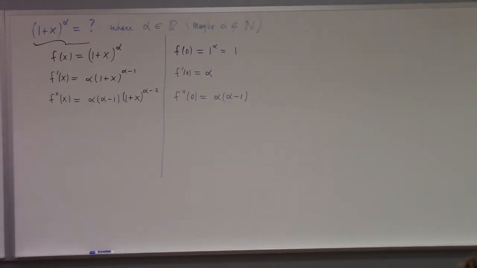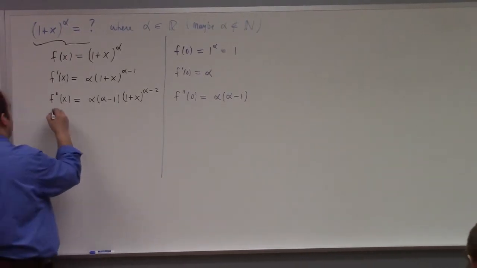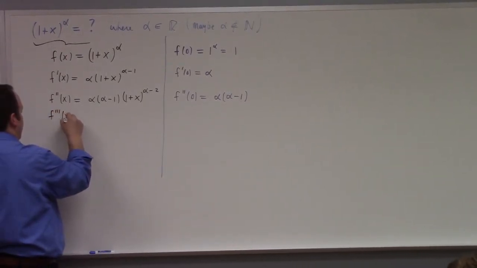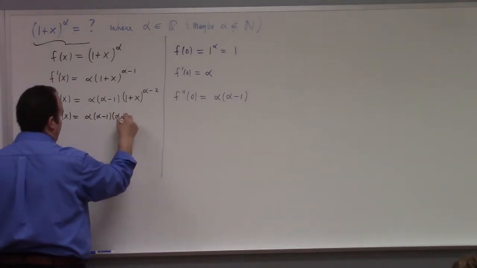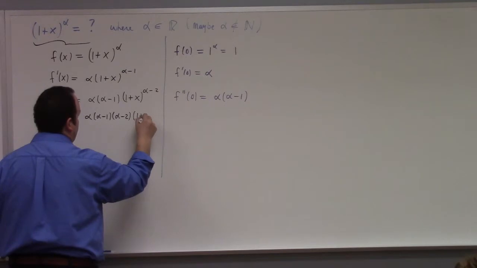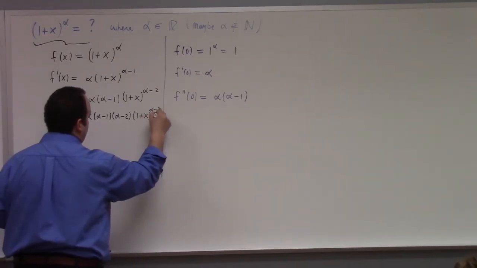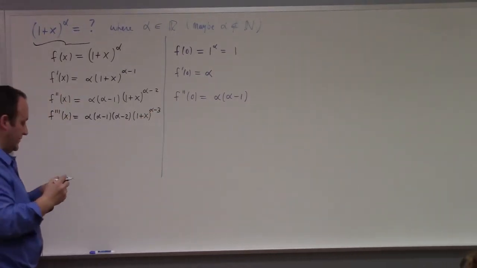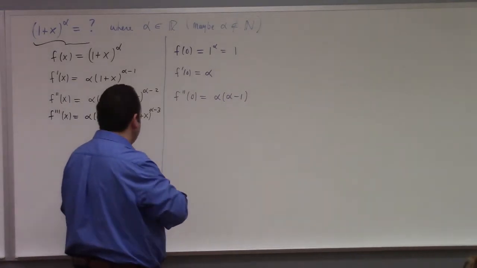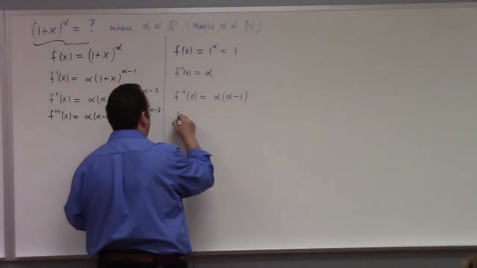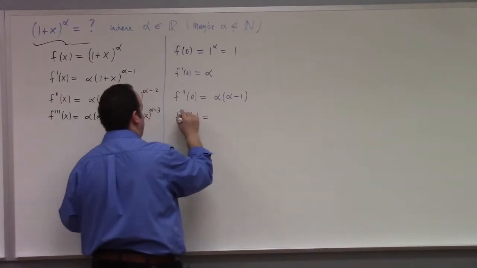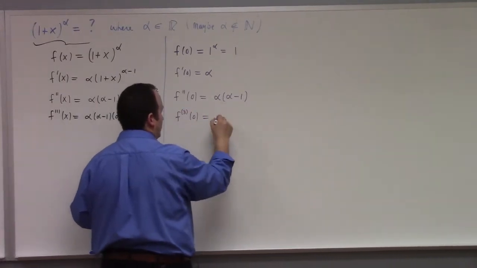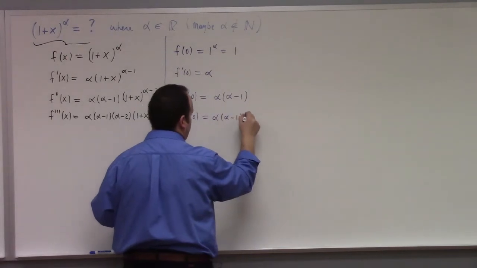All right, differentiate again. The third derivative of x: we've got alpha times alpha minus 1 times alpha minus 2, 1 plus x to the alpha minus 3. So the third derivative at 0 is alpha times alpha minus 1 times alpha minus 2.